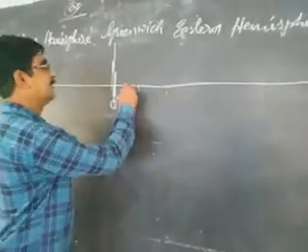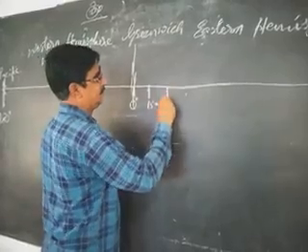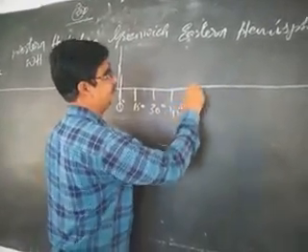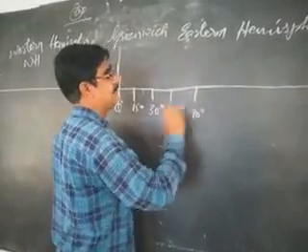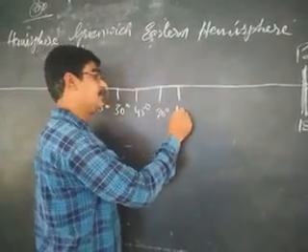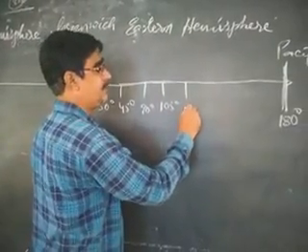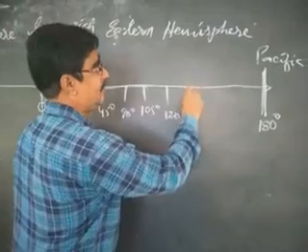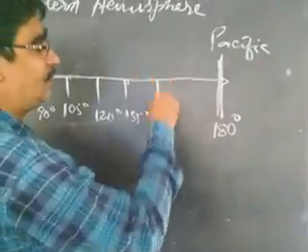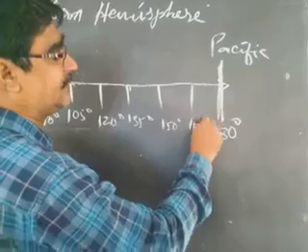Now see 15 degrees, 30 degrees, 45 degrees, 90 degrees, 105 degrees, 120 degrees, 135 degrees, 150 degrees, 165 degrees.